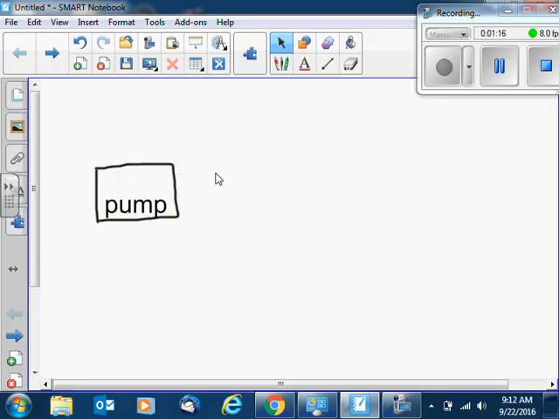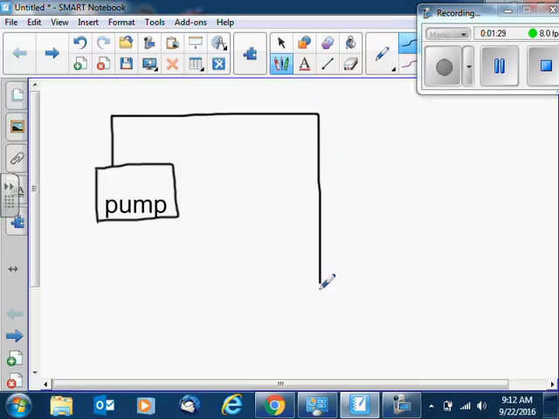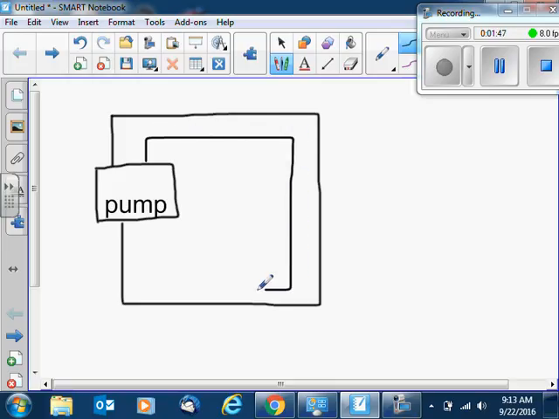So here's my pump, and then I'm gonna have pipes. So this is how my pipe's gonna go. My pipe's gonna go around just like the electric wires go. Here are my pipes. And of course they are connected, unlike my pipes, so pretend they are connected. And pretend they have the same diameter.